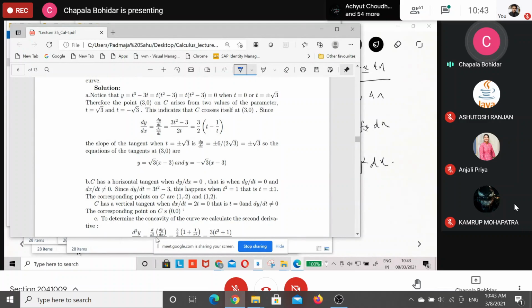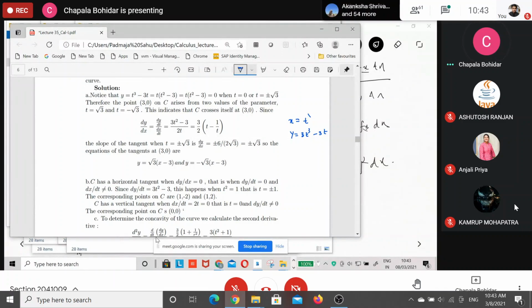If t = ±1, we find the corresponding values of x and y, given by x = t² and y = t³ − 3t.